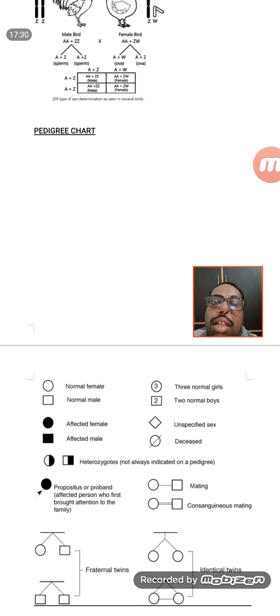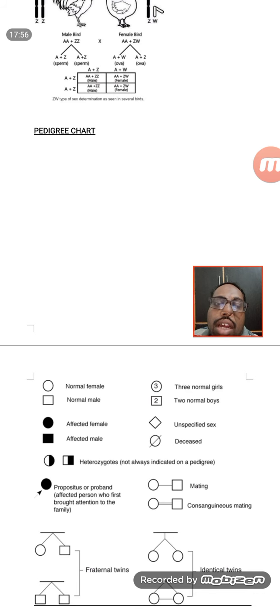The reason is to see which type of diseases or which type of characters are inherited from generation to generation. For this, geneticists are using this. And this particular pedigree chart is not drawn for each and every person, but a person who is a biologist, who is a doctor, he or she can himself draw this pedigree chart.